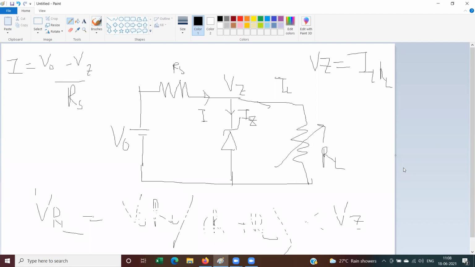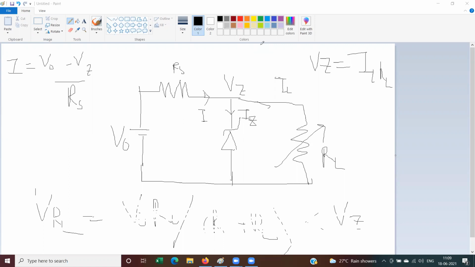So Vz equal to IL into RL. This I know. Hello, Vz equal to hello. Vz equal to IL into RL. Right? Yes, Yeah. sir. Okay. Yes, sir.